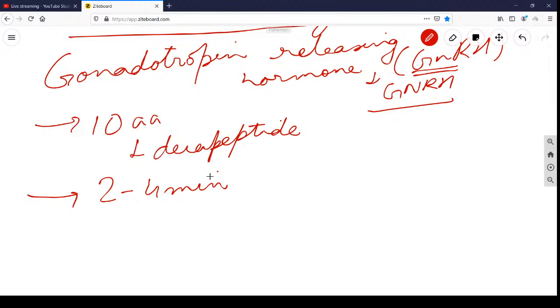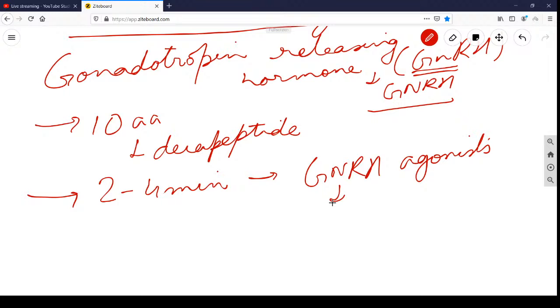So in ladies who are not able to conceive, you can administer specific analogs of gonadotropin releasing hormone, known as GNRH agonists, which bind to the GNRH receptor, which belongs to the GPCR superfamily, and then cause the signaling event.